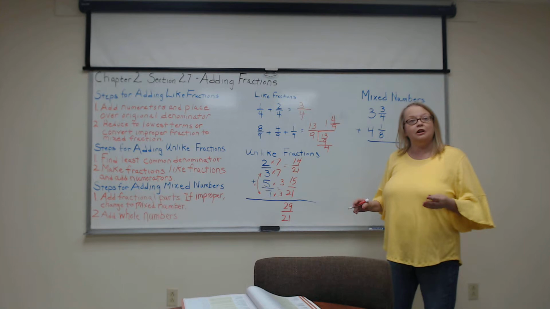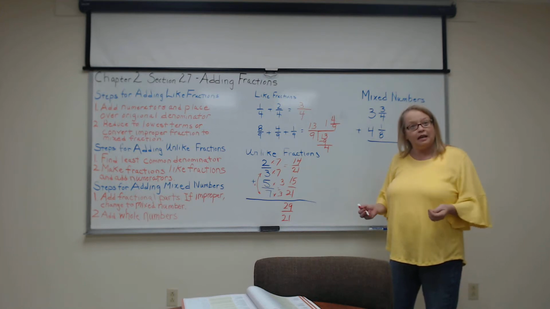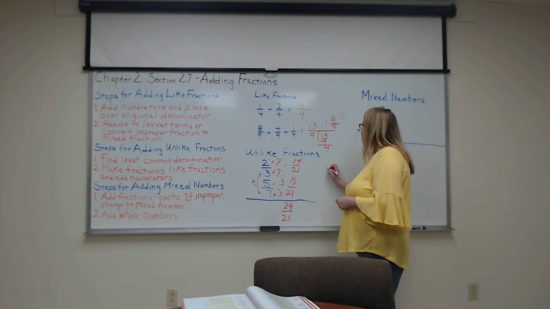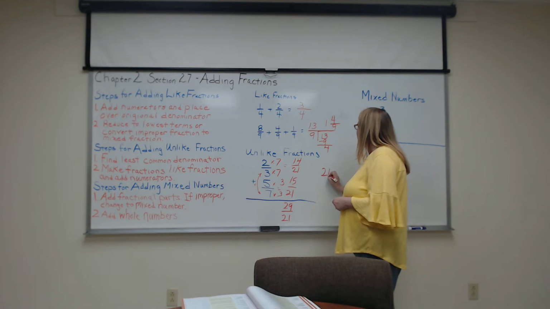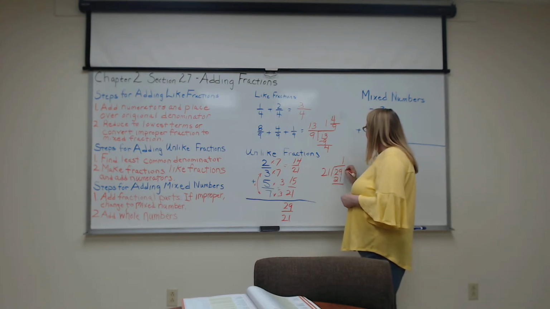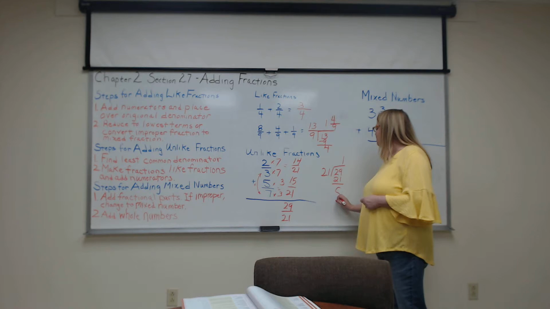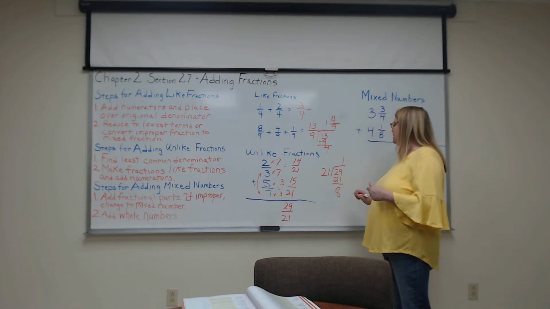But again, we know because it's an improper fraction, we can't leave it that way. So I'm going to divide 21 into 29. It goes in one time, and we end up with a remainder of 8.